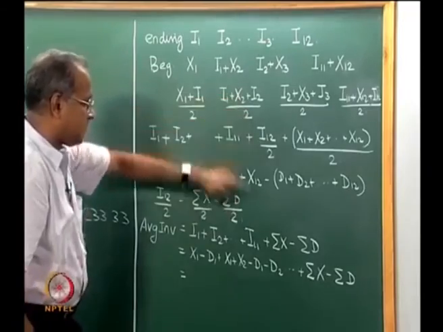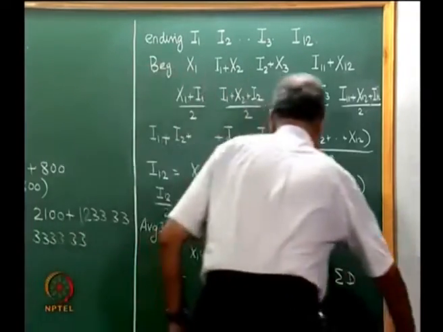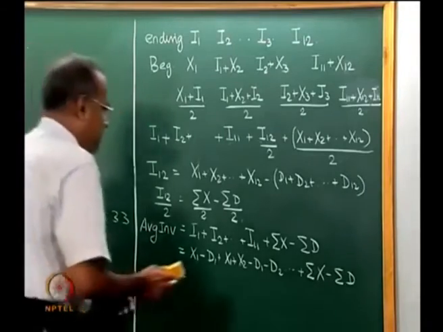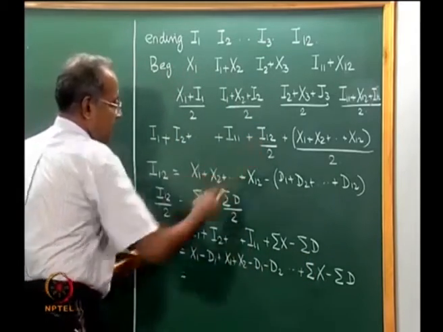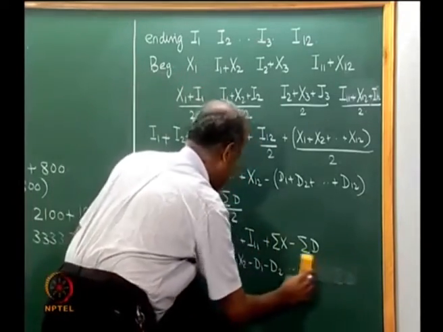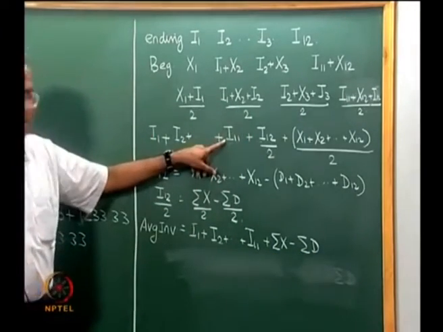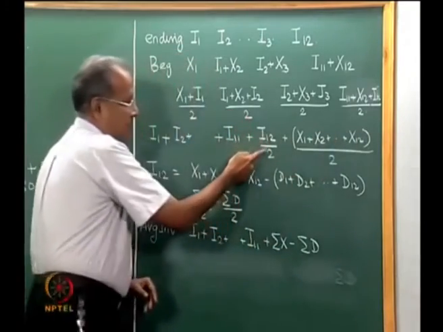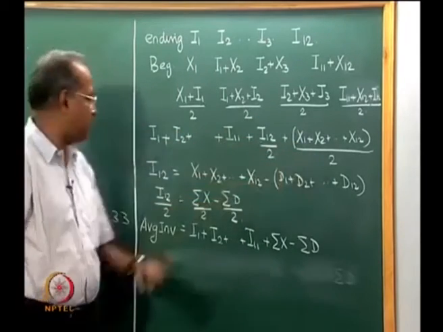So, up to I11 I am writing from here, so that there is no confusion. Now, this portion is I12 by 2 plus sigma x by 2.